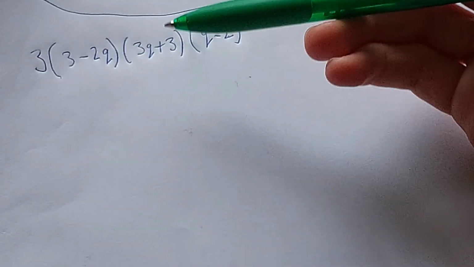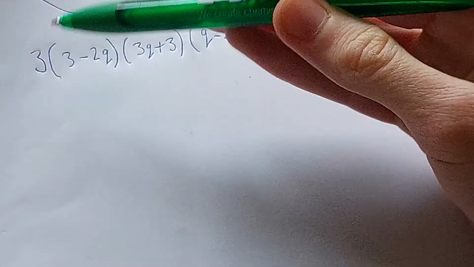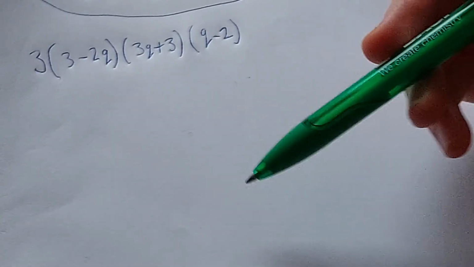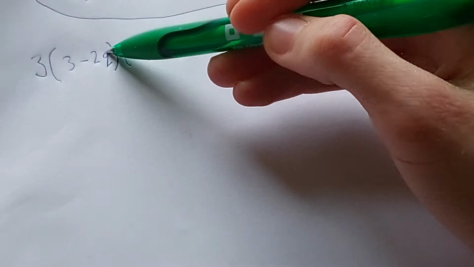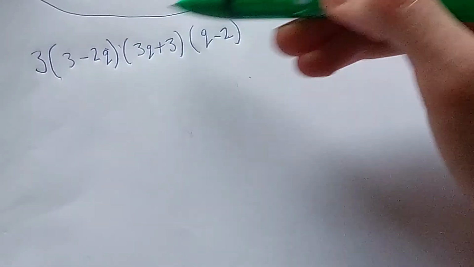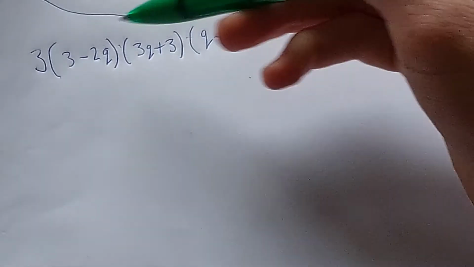What might puzzle you is we've got a number outside the bracket, so we have to start by expanding the first bracket. If there was a number outside this bracket or outside that bracket, we still have to expand it.